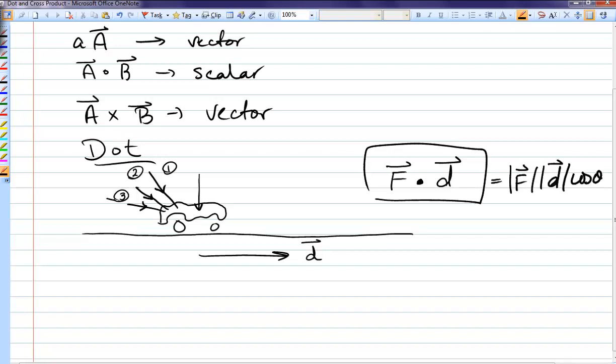So they know this position 3, where the force is in this direction and the displacement is in this direction, minimizes the angle, which maximizes the dot product.